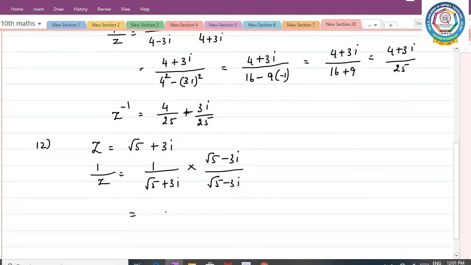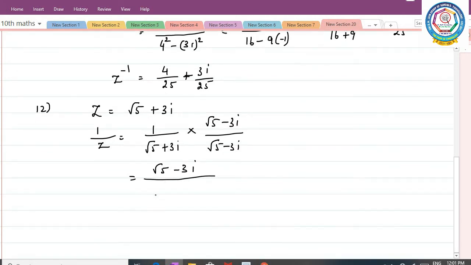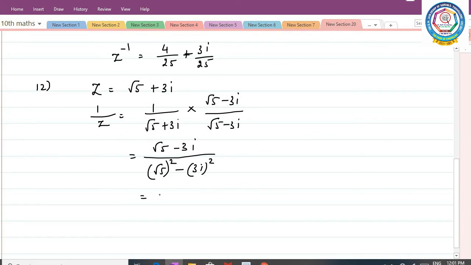That is equal to 1 into root 5 minus 1 into 3i, that is root 5 minus 3i, by the denominator (a plus b) into (a minus b). We know the identity (a plus b) into (a minus b) is a squared minus b squared. So next step, root 5 minus 3i by root 5 squared, that is 5, minus 3 squared is 9 and i squared is minus 1, so 5 minus into minus is plus, 1 nine is 9.